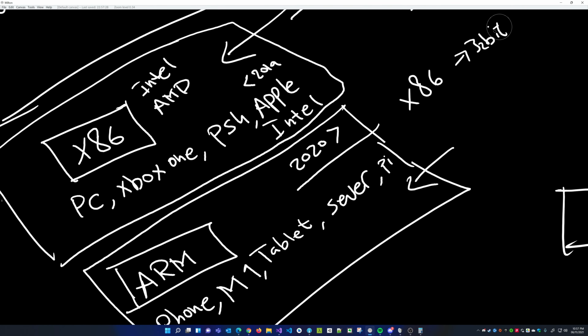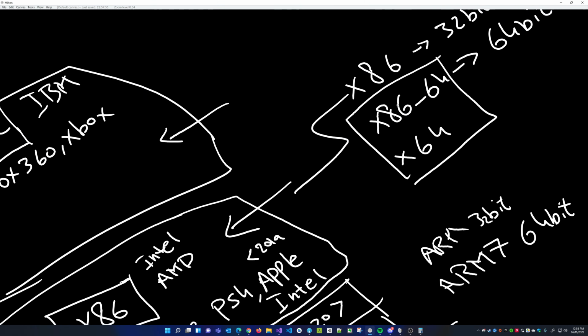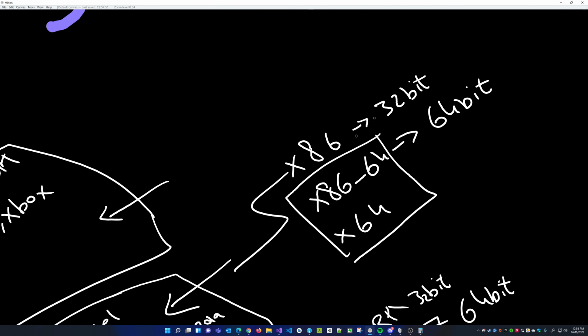For ARM, you'll see ARM, and I think ARMv7 is 32-bit and ARMv8 is 64-bit.